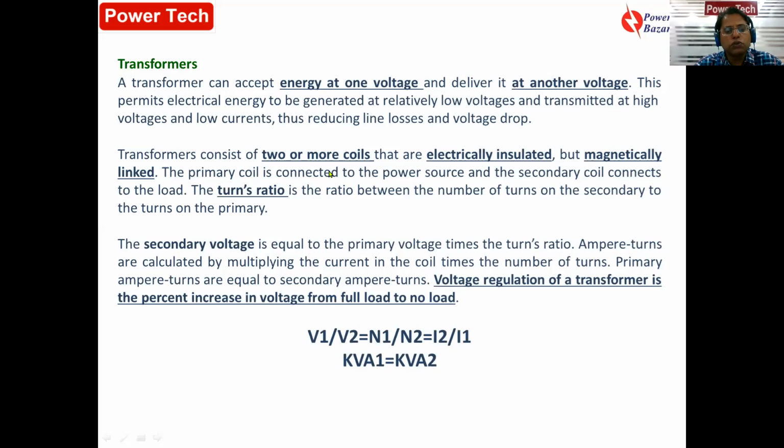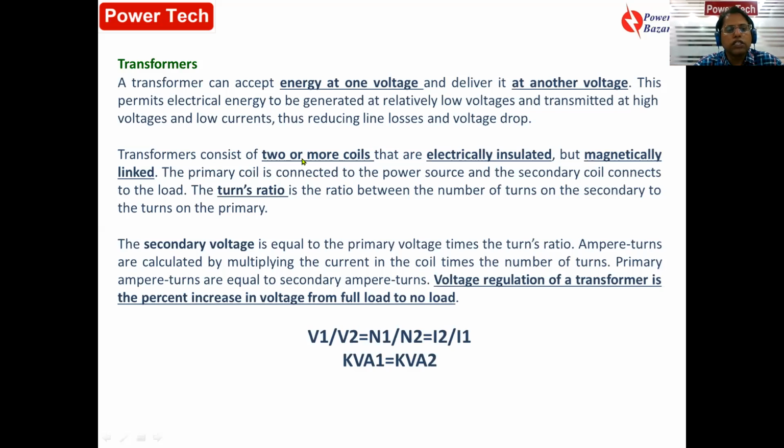But when it comes to the distribution sector, it has to be stepped down again. Therefore, you need distribution transformers as well, which will again reduce the voltage from 220 kV to maybe 130 kV or 11 kV or 33 kV. So to step up or step down the voltage, you require a transformer so that energy conservation can happen, the transmission loss can be reduced, and the sizing of equipment can be improved.